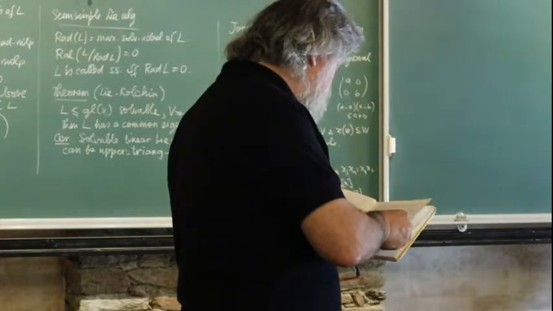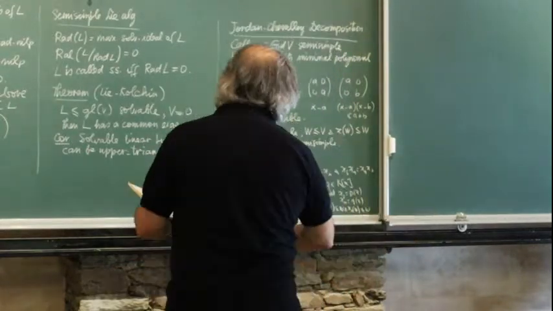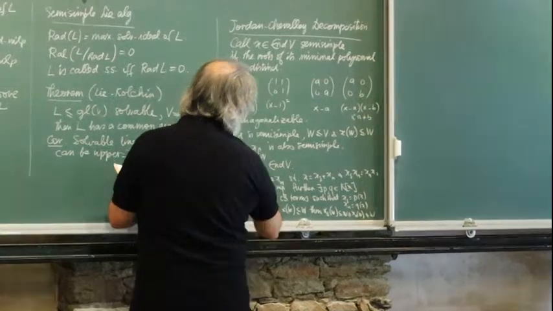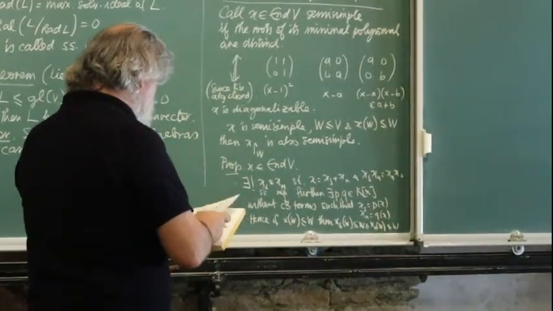This is called the semi-simple part of X, and the other one is called the nilpotent part.